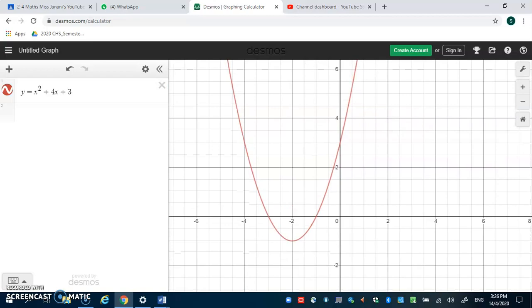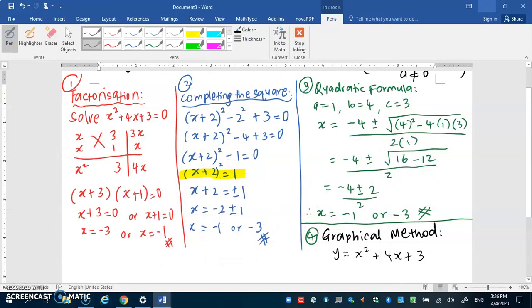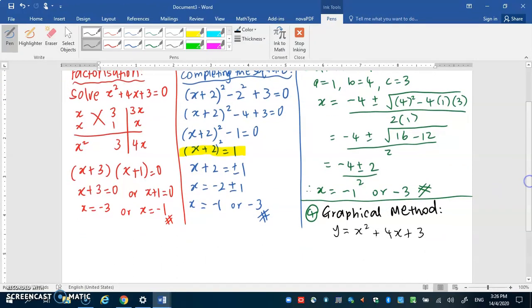Now you think about it. When I say solve this equation, I'm saying you must make your y equals to 0, correct? Solving means your right hand side is equals to 0. So let me move down. Okay, I'm going to equate this to 0, which means my y is 0, correct? So at which 2 points will y be equals to 0?